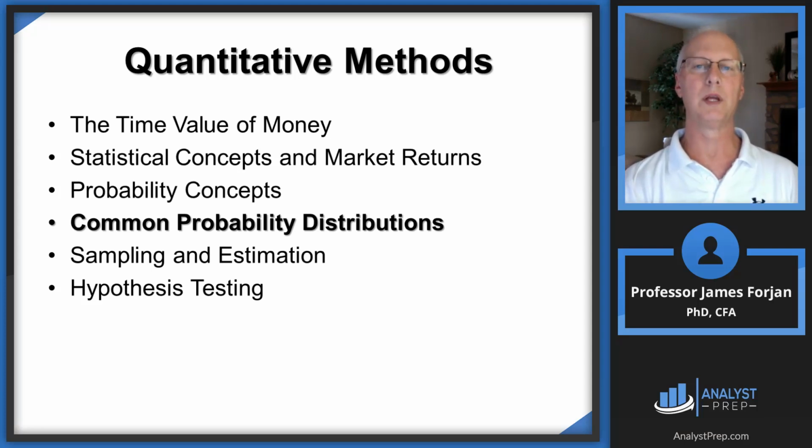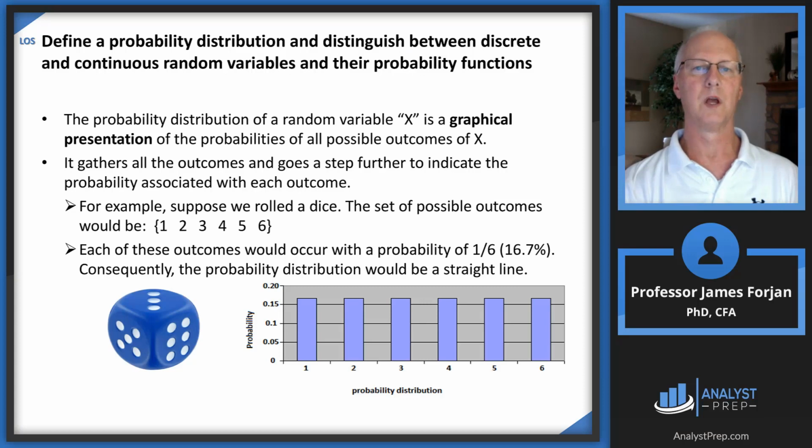Common probability distributions. First, the LOS asks us to define a probability distribution. So let me give you that definition. A probability distribution of a random variable is a graphical representation of the probabilities of all possible outcomes. So here's a simple example. Let's suppose we roll the dice. We know there are 6 possibilities.